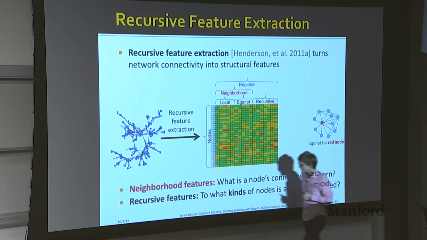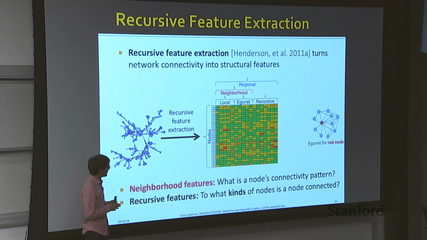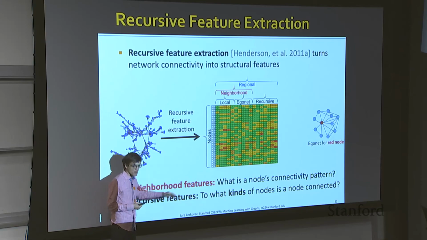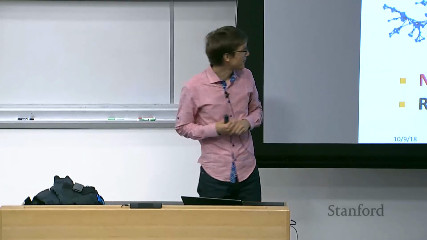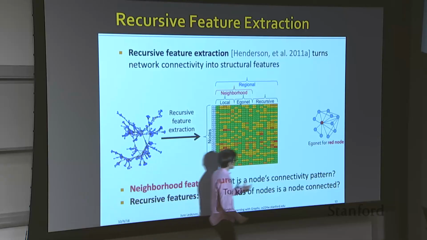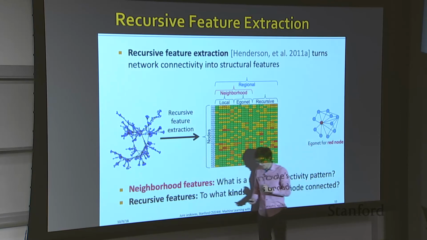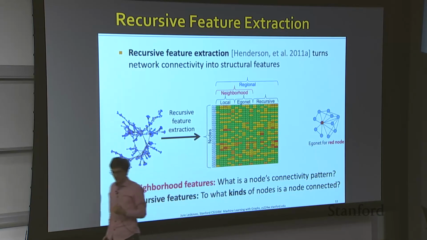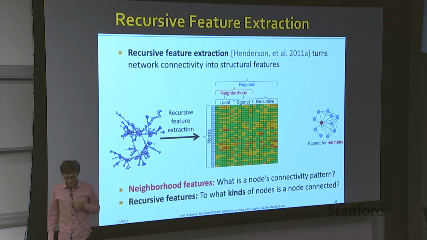So the first thing we will do is take the node and its neighbors, and try to come up with features that describe the node and its neighbors. Then at the second level, we will try to characterize the structure of this ego network. And then we will unfold this recursively. I will explain what I mean by recursively.